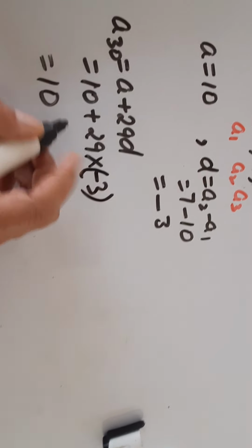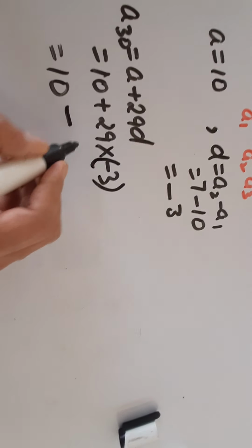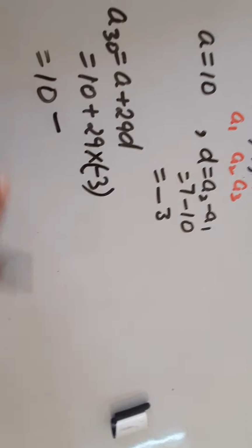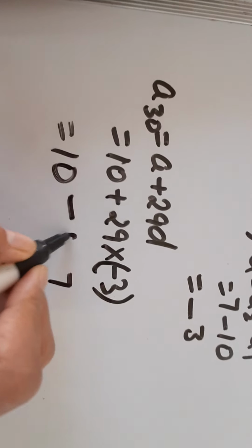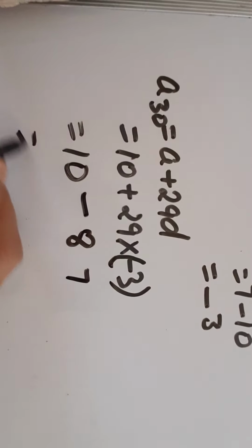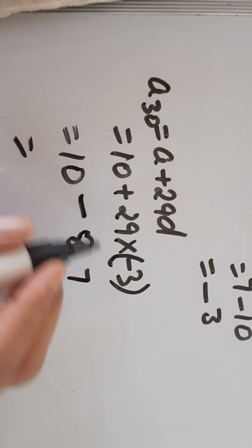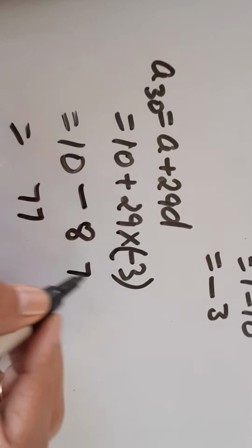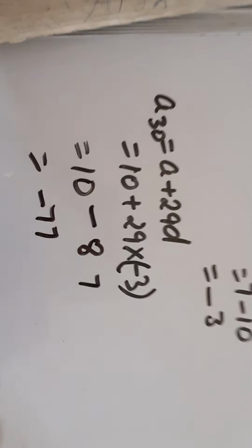So plus minus is minus, 29 threes are 87. Now again plus minus minus, so 87 minus 10 is 77, but the greater number has the negative sign, so the answer is negative.